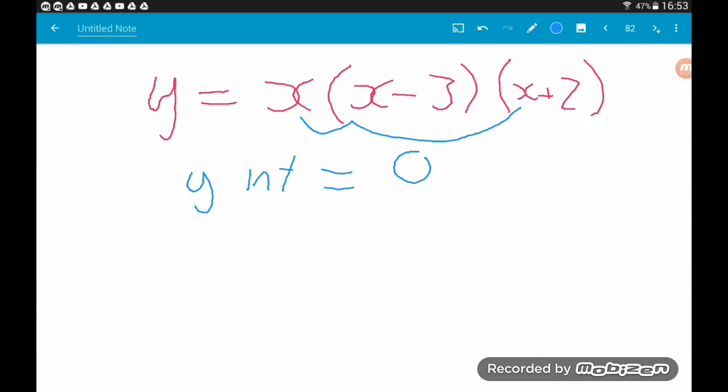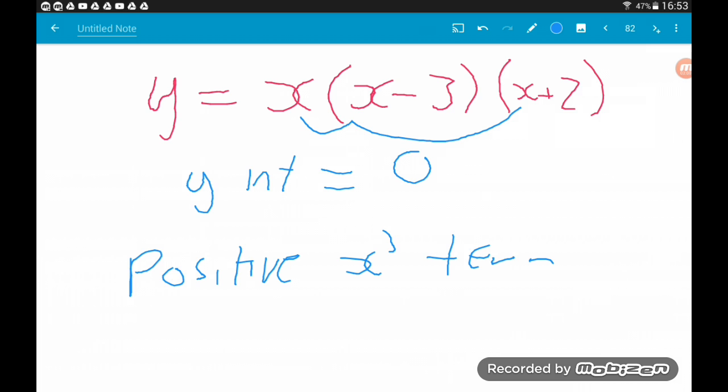So we've got a positive x cubed term, which means our graph starts on the bottom left and is going to finish up on the top right. That is governed by either the positivity or negativity of the x cubed term. If it's positive, it starts bottom left, ends top right.